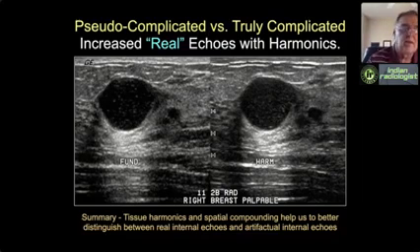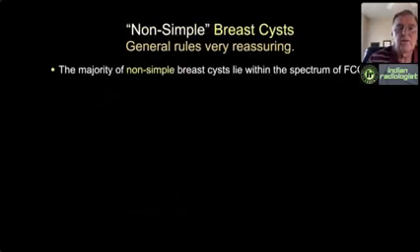So what we get in summary with harmonics is a better ability to distinguish real from artifactual internal echoes. And we get a similar effect from spatial compounding, and they achieve this effect in different ways. So I'm a big believer in scanning with both spatial compounding and harmonics on.